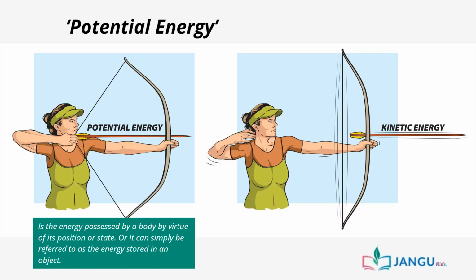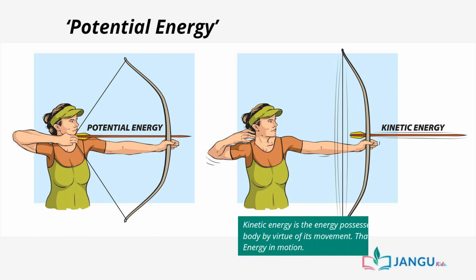Potential energy is the energy possessed by a body by virtue of its position or state, or it can simply be referred to as the energy stored in an object. Kinetic energy is the energy possessed by a body by virtue of its movement, that is, energy in motion. Both are measured by the amount of work done.